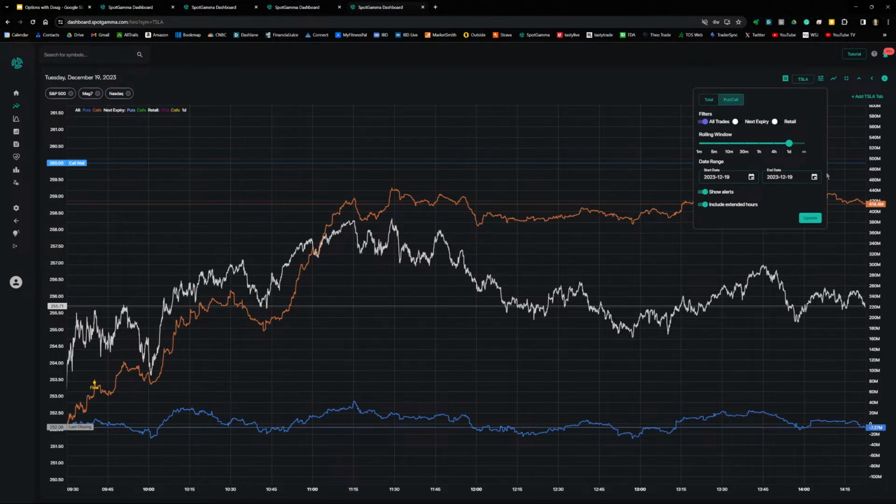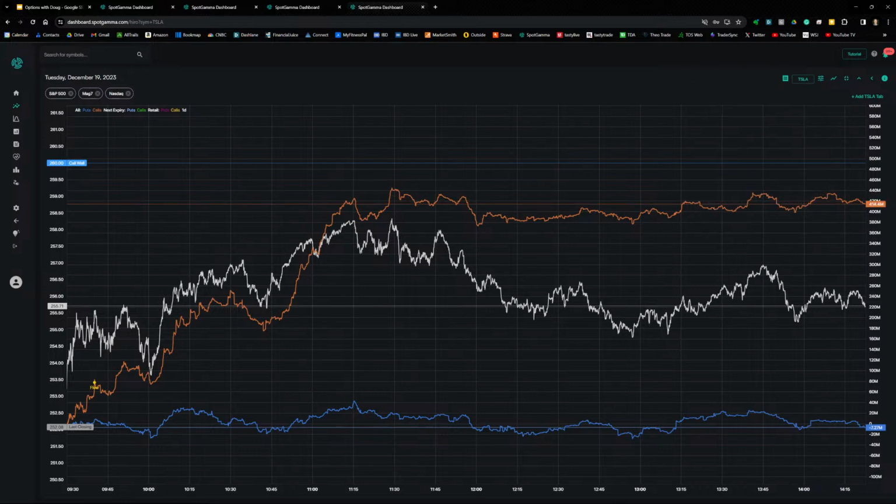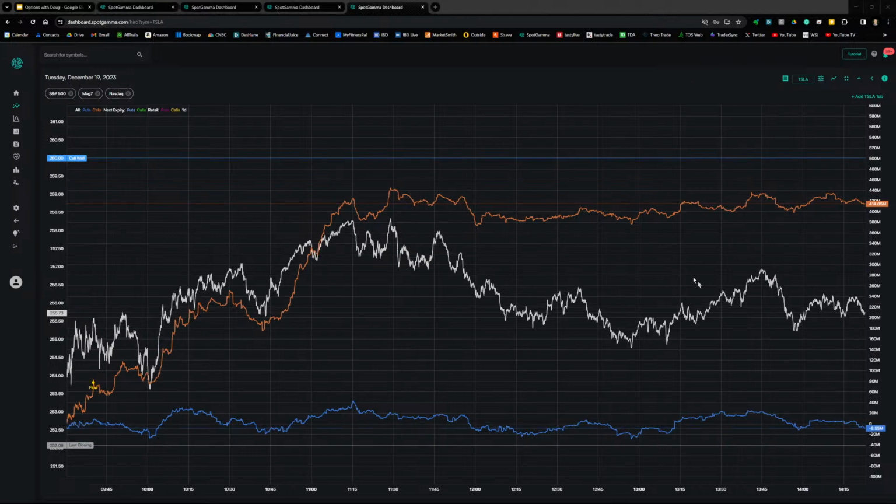Traders buying calls. When traders buy calls, market makers sell the calls, and they have to buy stock to hedge their delta exposure. This is a very typical pattern. Starts anywhere from 10 to maybe even 12 or so.